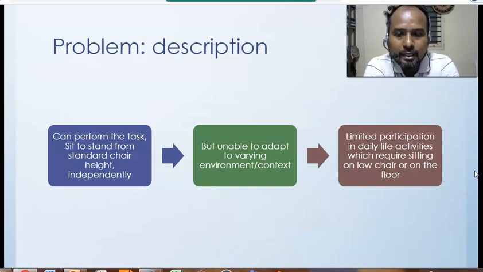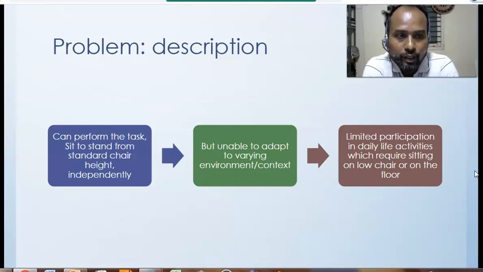And the problem, as I have just described: the patient is able to do sit-to-stand from a standard chair on his own, but he's unable to adapt to a different one, such as a low stool or low chair, which is leading to limited participation. This affects his daily life. He lives in a rural community and has a bed of low height.